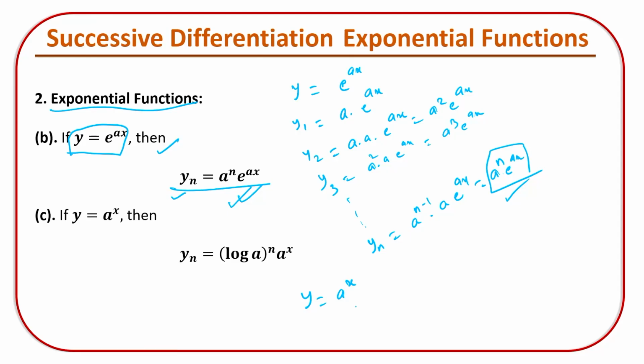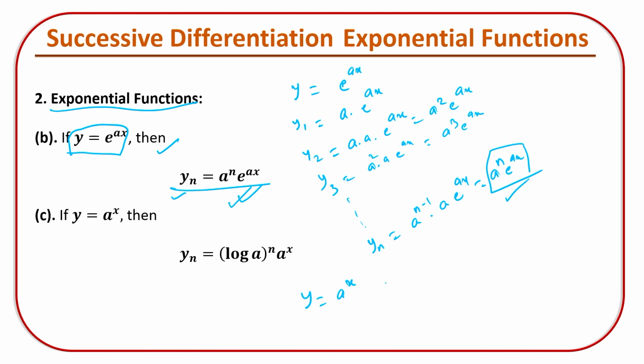Remember this one: whenever you have the variable as a power of any constant, then the constant we are looking for in the nth derivative must be in logarithmic form. I believe you remember how to find dy by dx: firstly we take logarithm on both sides and then differentiate both sides.